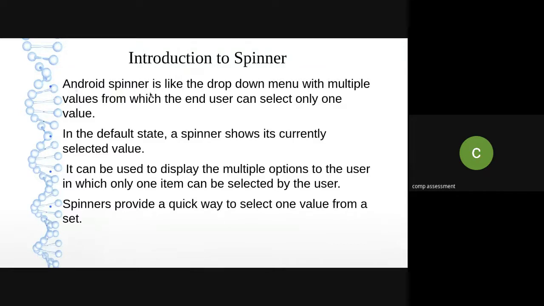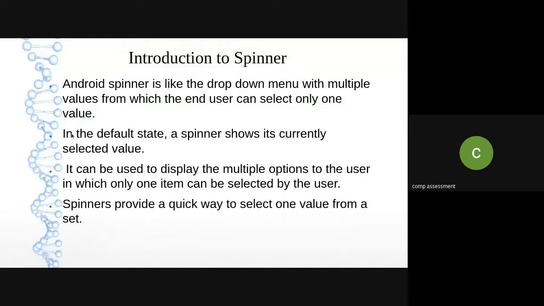So Android spinner is a widget. It's just like a drop down menu or a drop down list with multiple values from which the end user can select only one value. So you will have a set of values as a drop down list, and from that set of values, it allows me to select a single value.